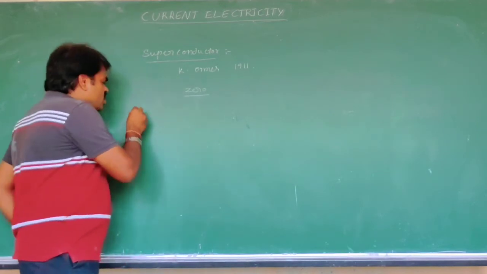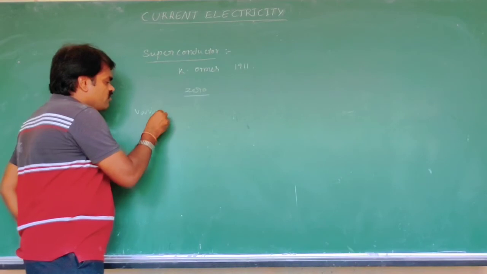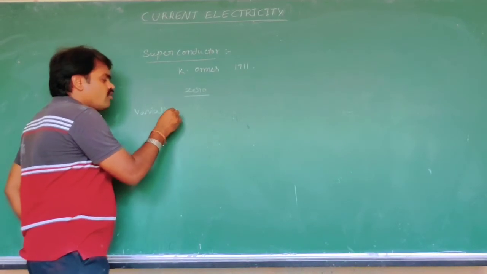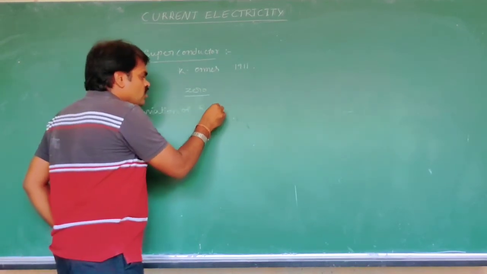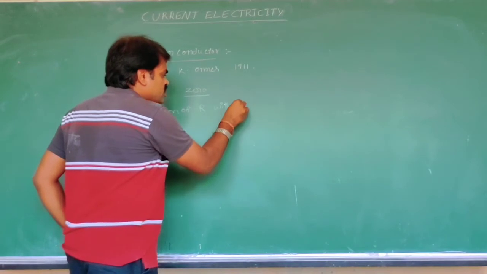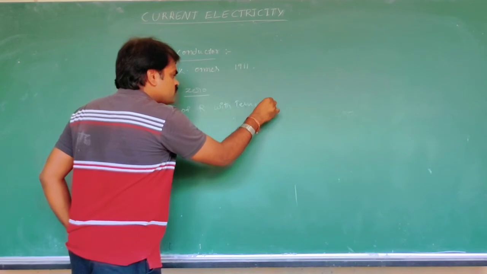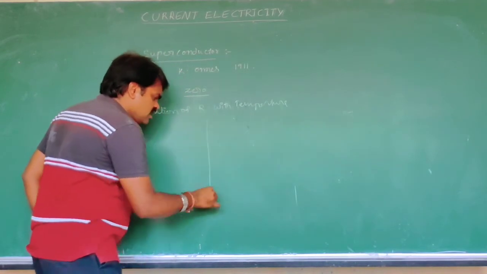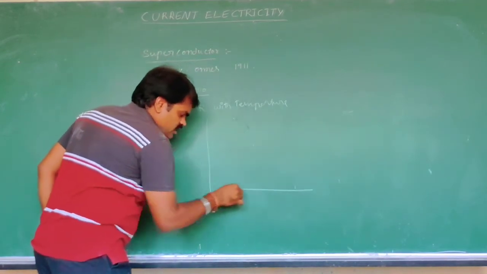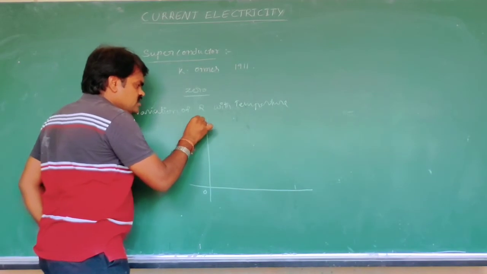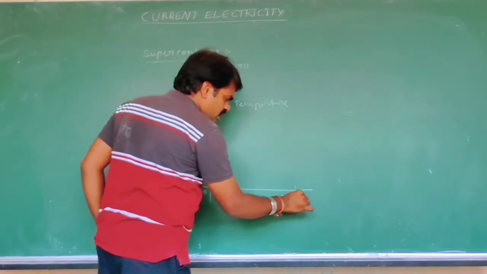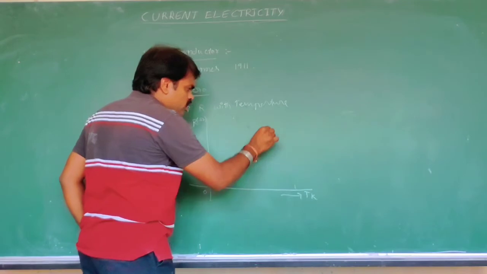Now the variation of resistance with temperature, where the axes are resistance and the absolute Kelvin scale.